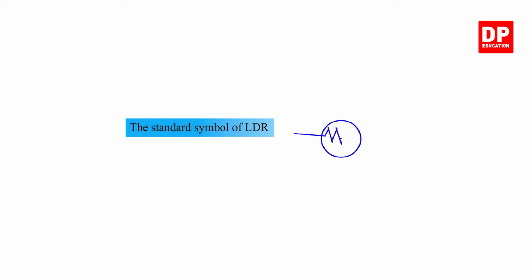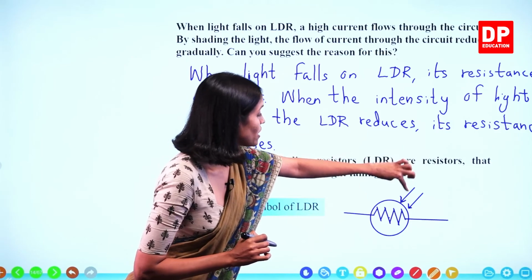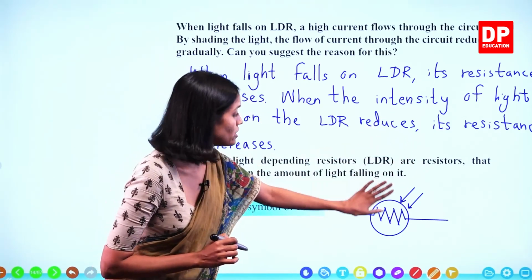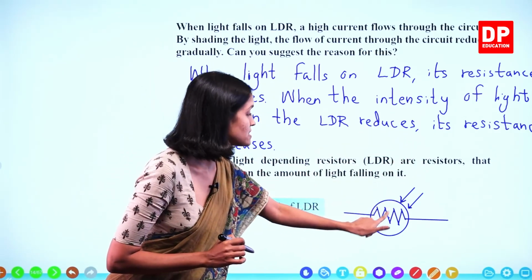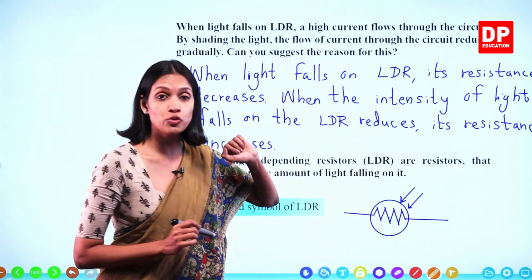You are going to draw the same symbol you drew for the normal resistor inside the circle. And you have to draw two arrows like this. Look at this one. Right? So these two arrows indicate light falling on LDR. Right? This is the LDR. So light falling on it is indicated by the two arrows.